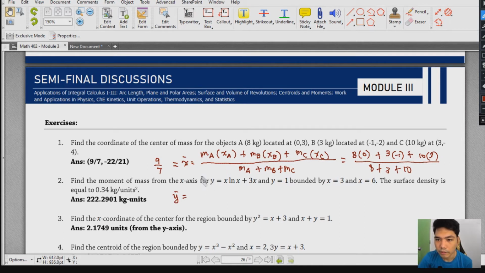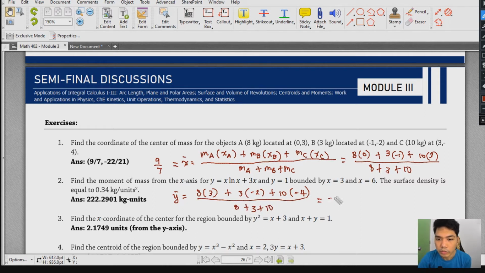So that is 8 times 3 plus 10 times negative 2 plus 3 times negative 2 plus 10 times negative 4. Then you divide this by the same sum of mass, 8 plus 3 plus 10.